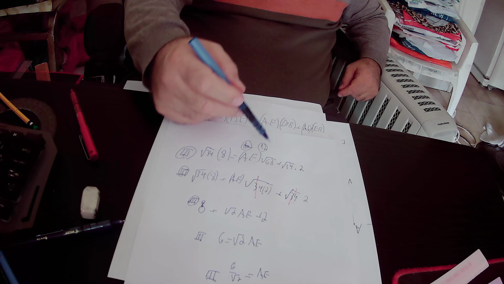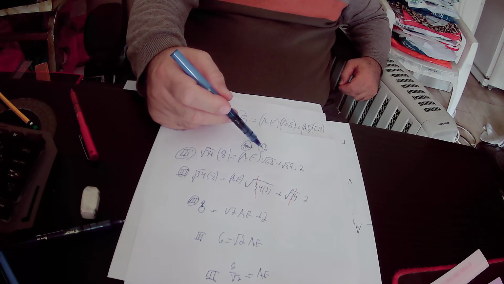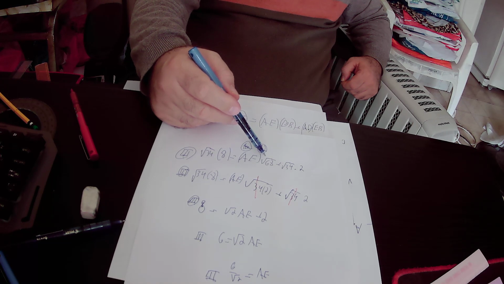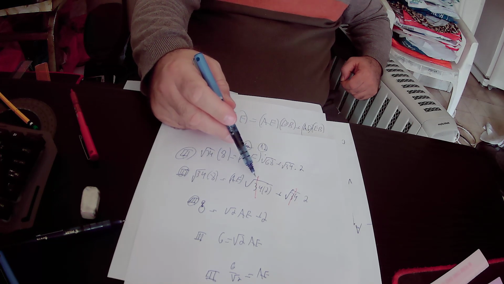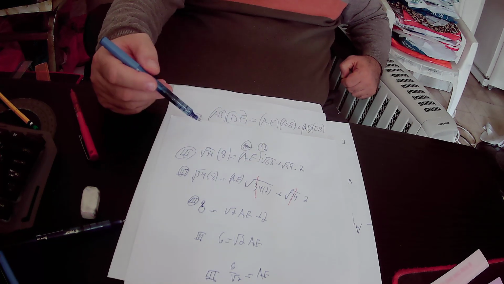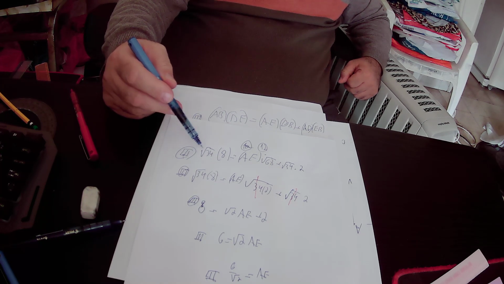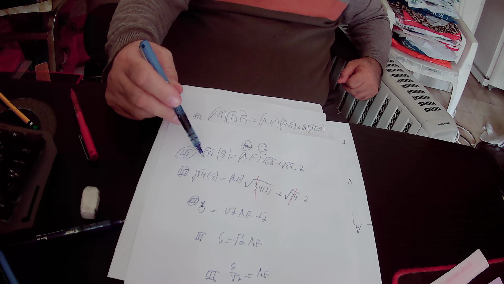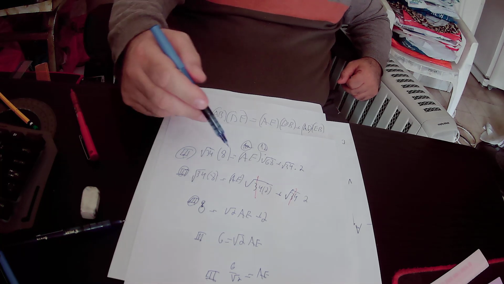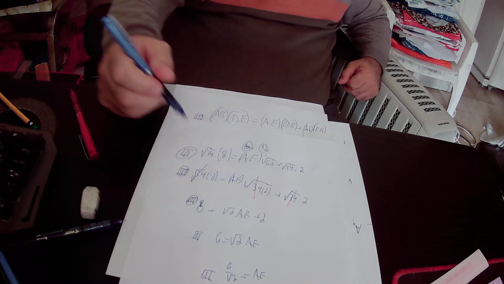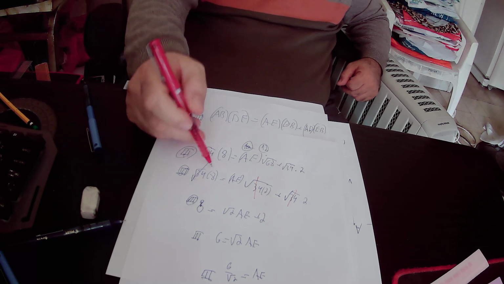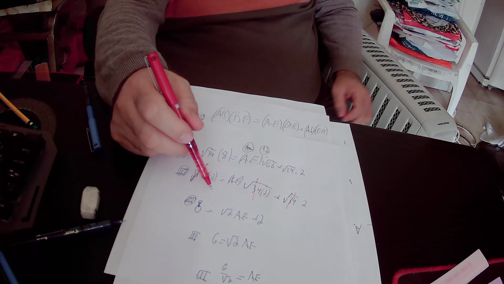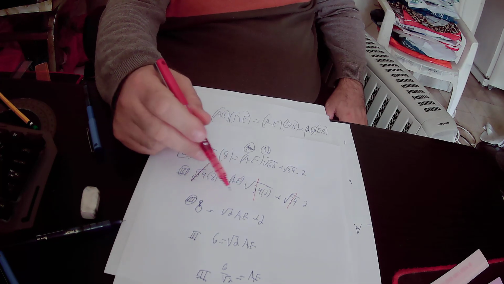We know that 68 is 34 times 2, so we substituted 68 by 34 times 2, and then we divided equation number 3 by square root of 34. What is left is 8 equals square root of 2 times AE plus 2.